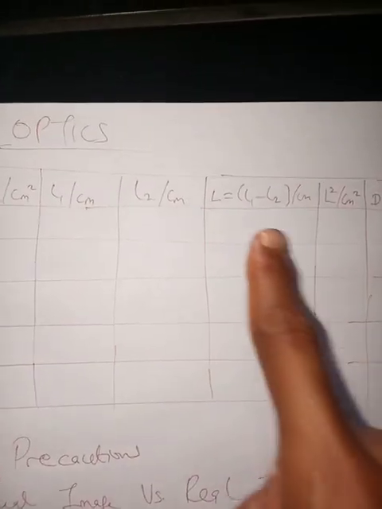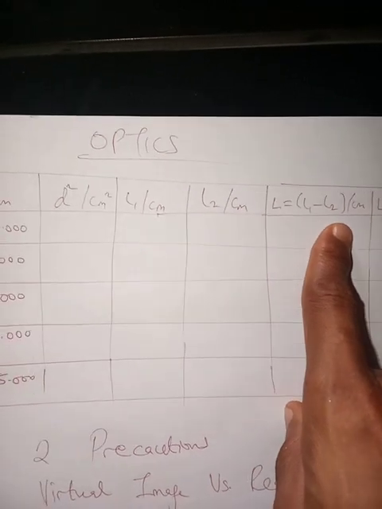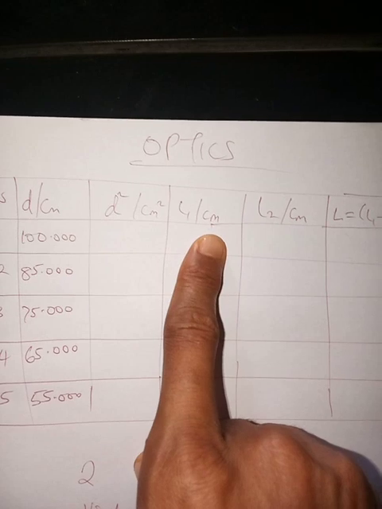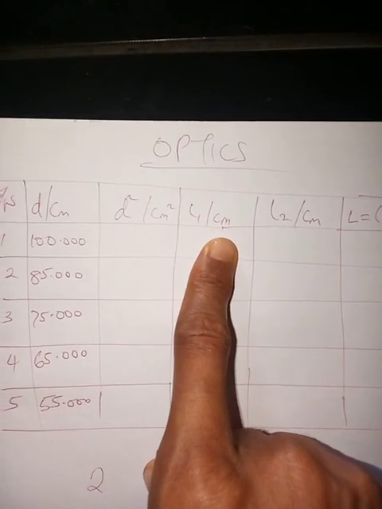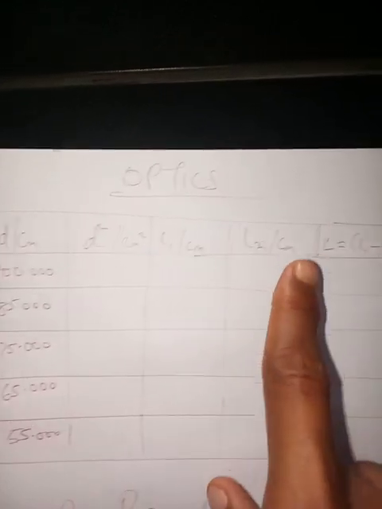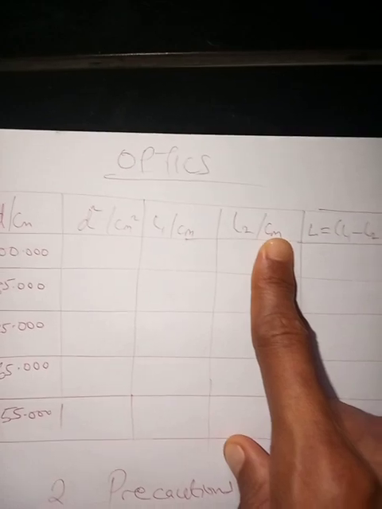Capital L is a function of L1 minus L2. L1 is the first image position, that is V. L2 is the second image position, which is V.